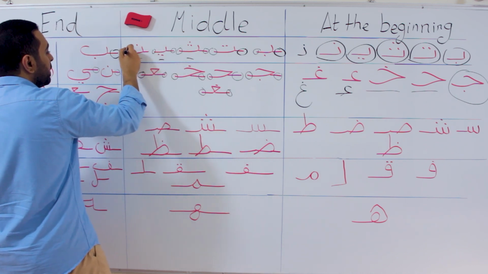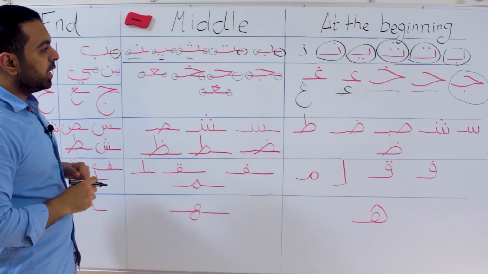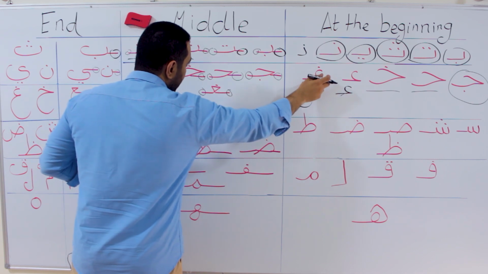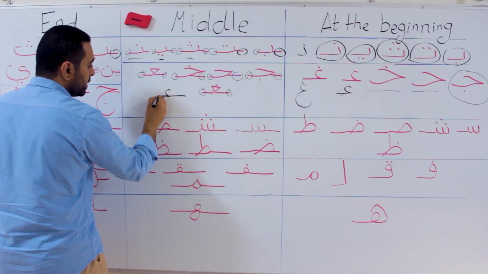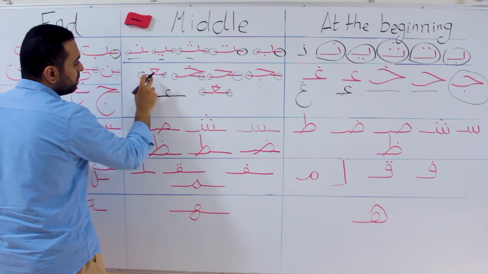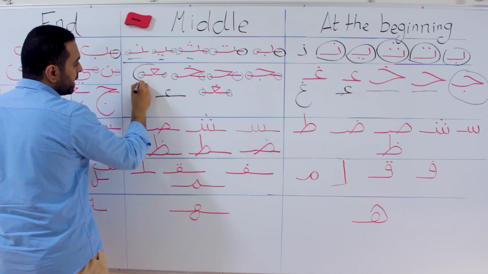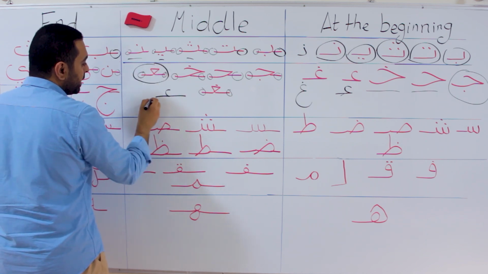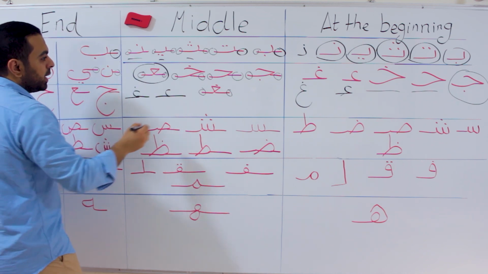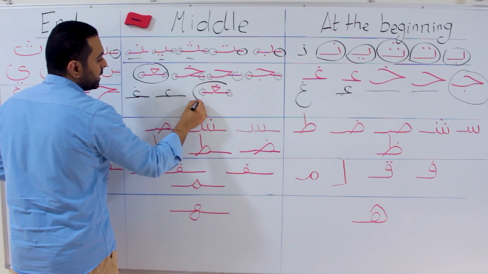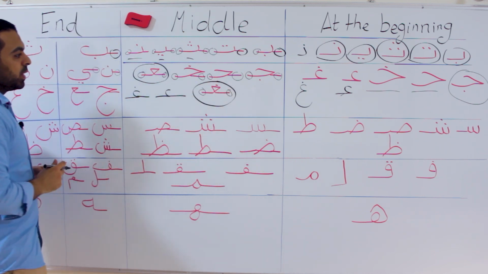Okay. Now the difference here, ain and ghain, it's not written like this in the middle. No, it becomes like this. So this is ain, and ghain, it's not written like this. Usually we write it like this. Okay.